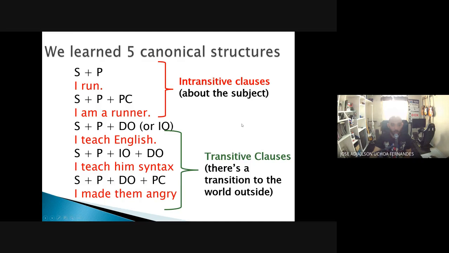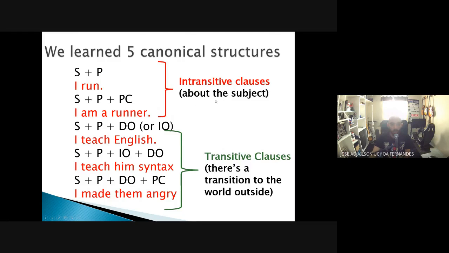Canonical clausal sentences will always be one of these 5 basic structures. These are the 5 basic structures of English declarative clausal sentences. So we have the intransitive ones and the transitive ones. Why do I call them intransitive or transitive?